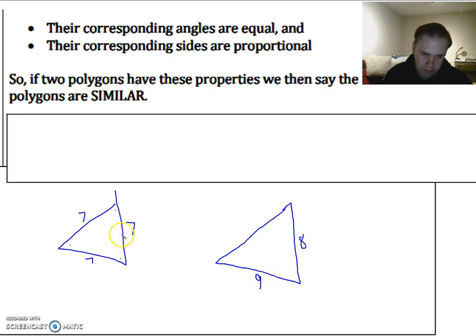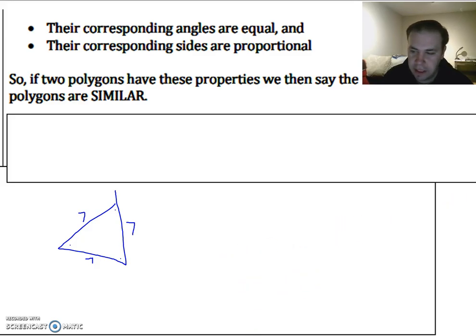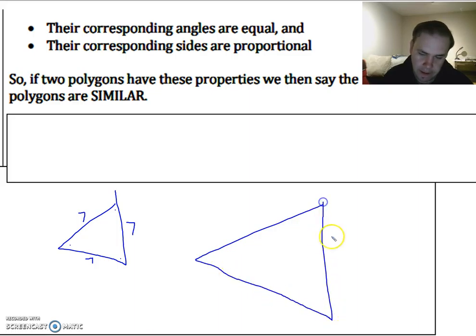Well, 7 times a number won't give me 8, and 7 times the same number won't give me 9. Therefore, this is not a similar shape or similar polygon.